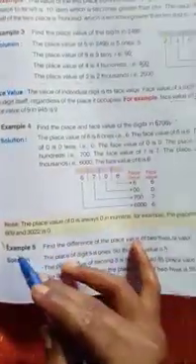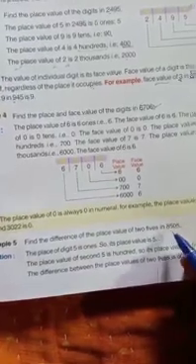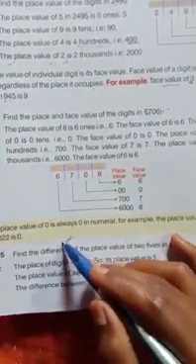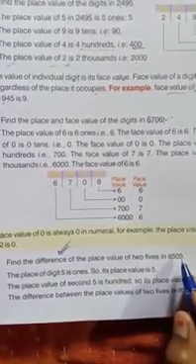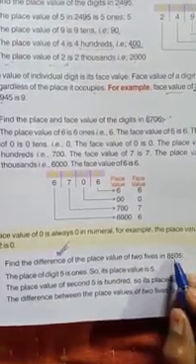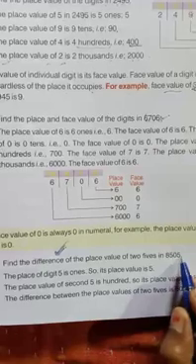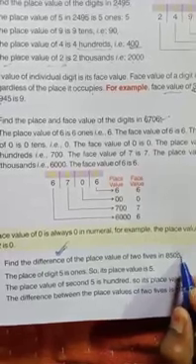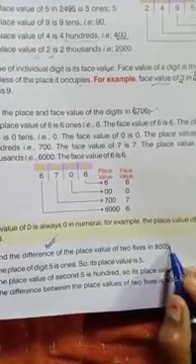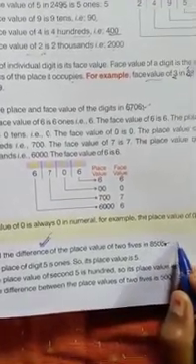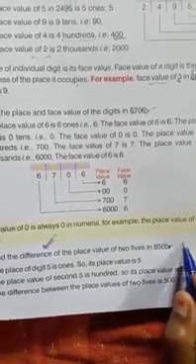Now come to example 5. Find the difference of the place values of two fives in 8505. Difference means here you have to subtract. First you will write the place values of the two 5s. The first 5 is in the ones place, so its place value is 5 ones or 5.